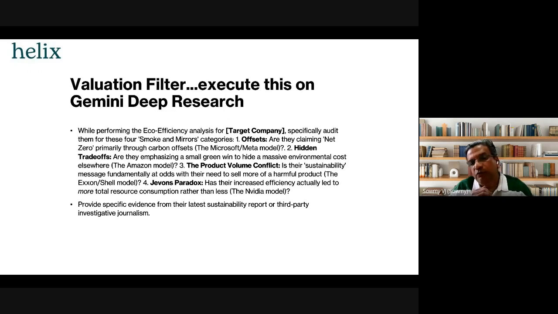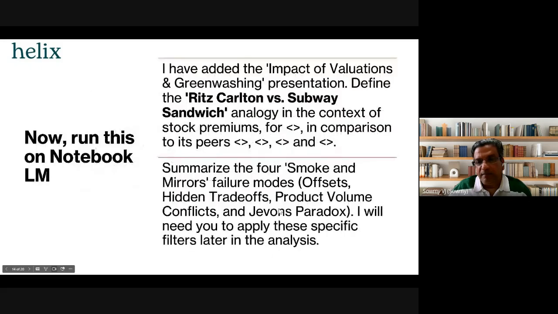Now you will go and upload the deep research report that you get onto NotebookLM. On NotebookLM, when you receive the link to WAP, you can go and download this presentation and add it into NotebookLM as well.